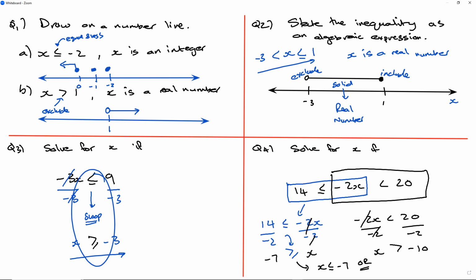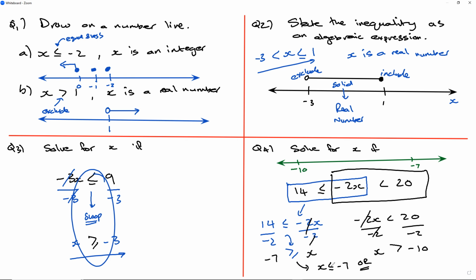If I draw this on a number line as an extra mark, then I need -7 on one end, and I need -10 on the other end. Now, whichever comes first? -10 is smaller, so -10 and -7.